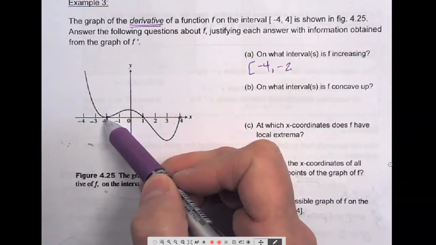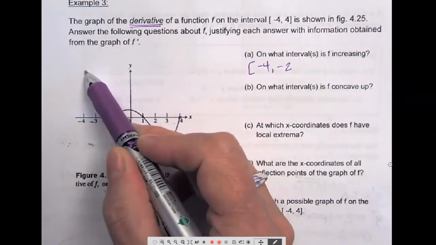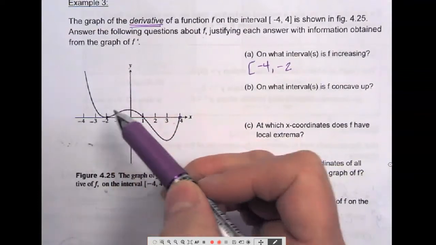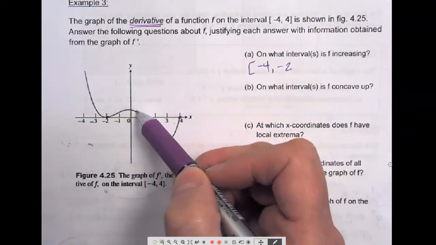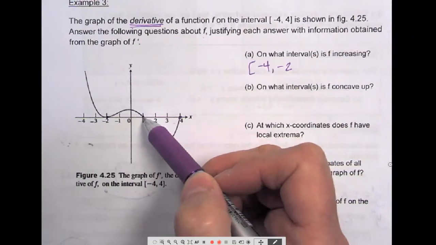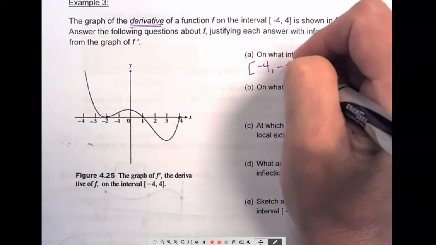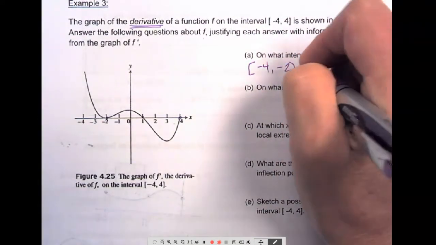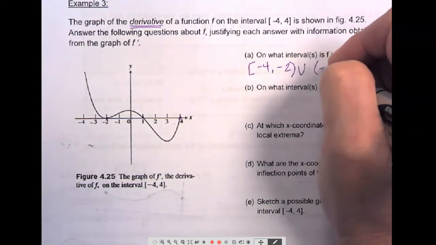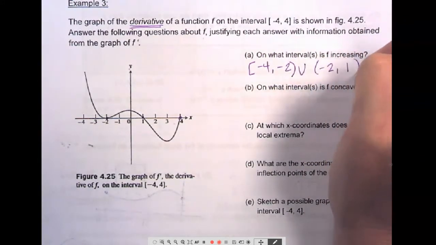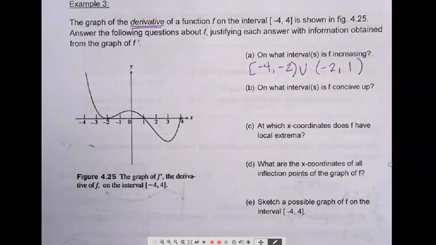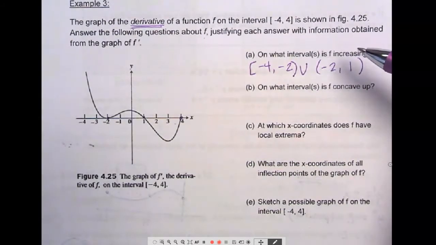It's not negative either. It's neither. So I have to say, okay, this is positive, and then it picks back up just to the right of -2, and it's positive again until 1. So I'll use parentheses there, union -2 to 1. So if it's a 0, you just use parentheses. Okay, is everybody okay with that answer?